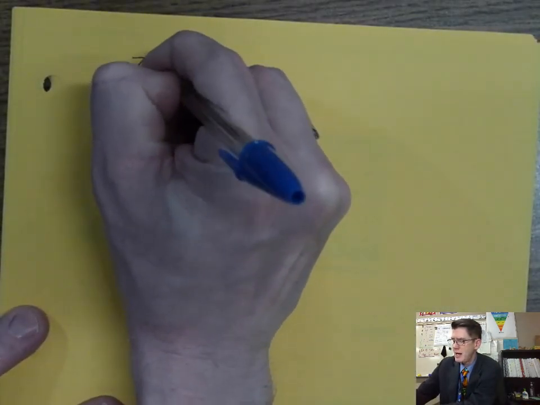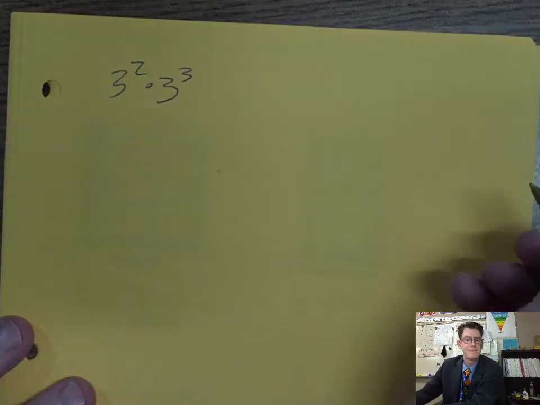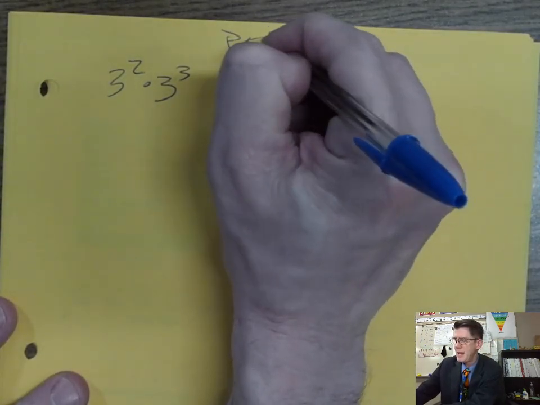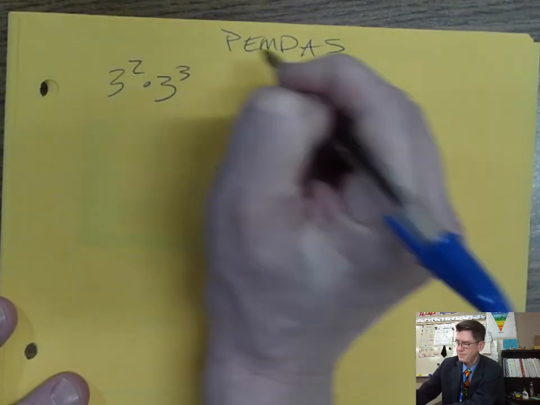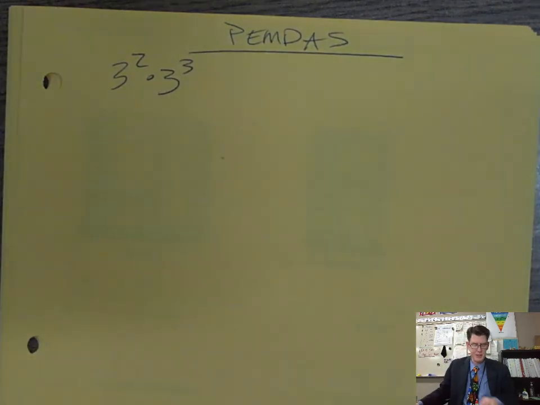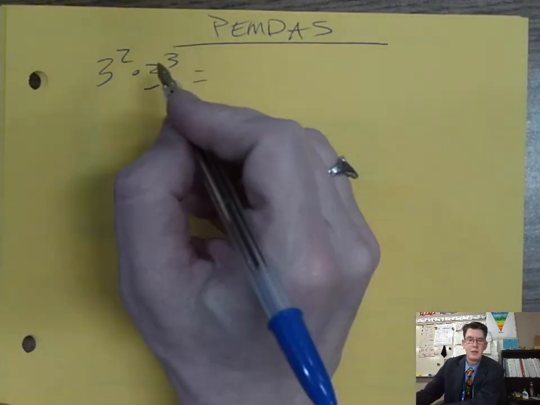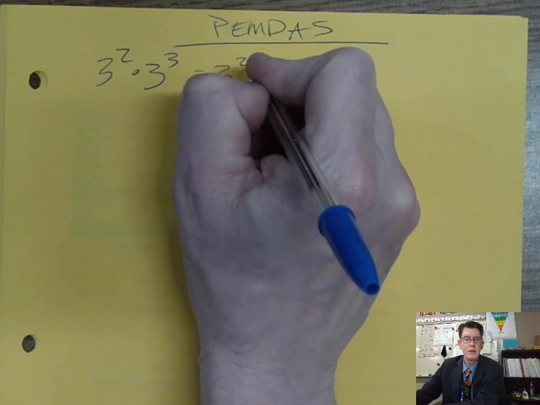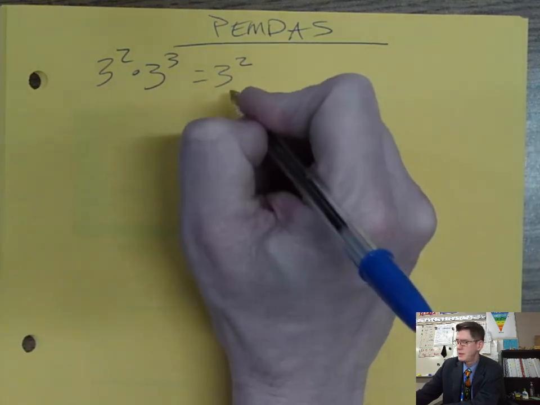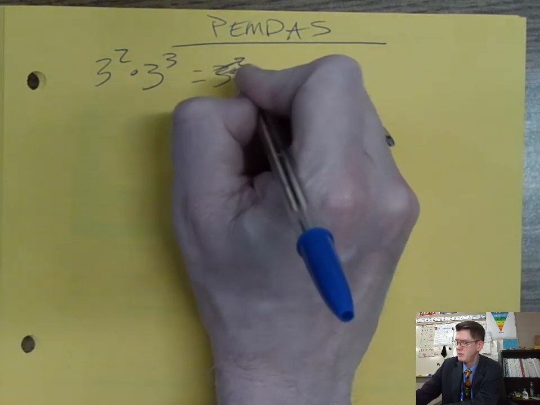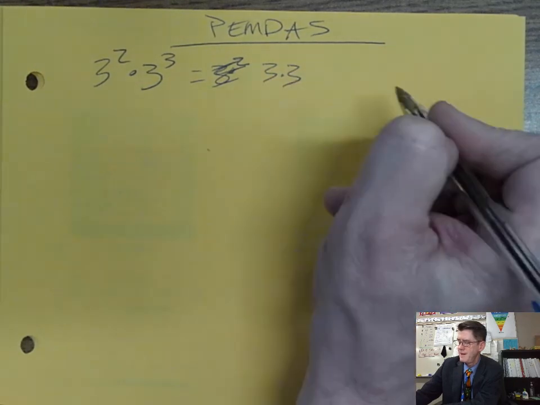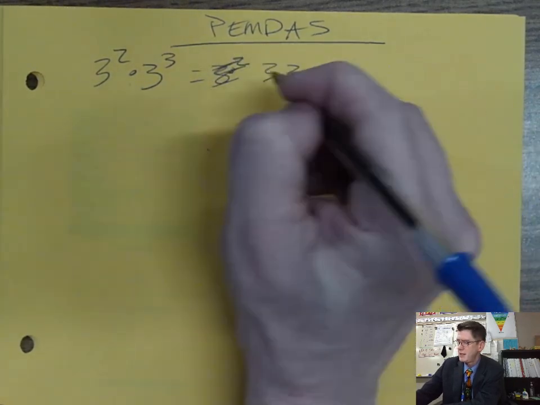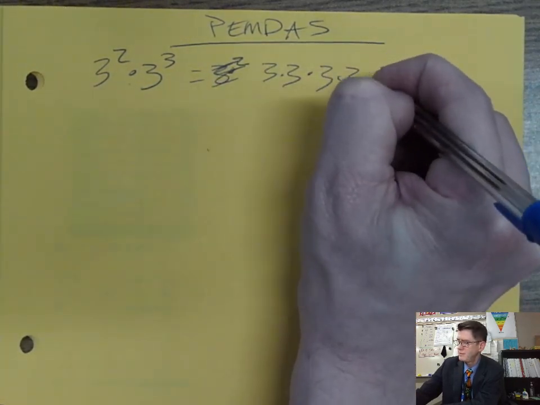What if I had 3 squared times 3 to the 3rd? Well, remember PEMDAS. PEMDAS says that you take 3 squared. That's 3 times 3, and then you times it by 3 to the third.